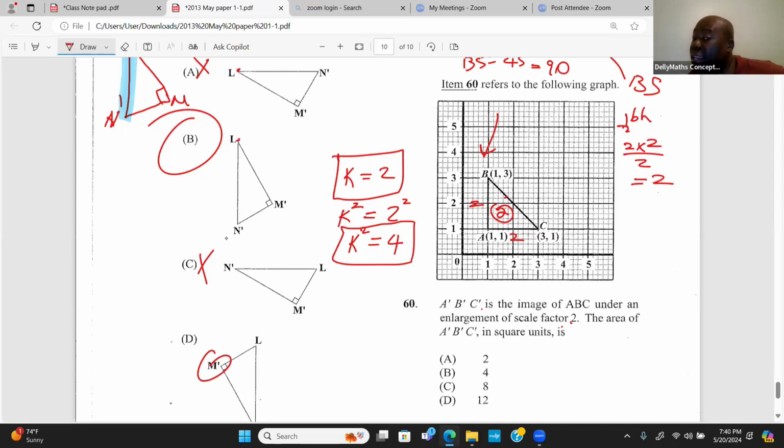And if I want to find the area of the blown up one after that, I multiply by 4, I get 8. So even though the scale factor is 2, we are not saying that the area will double. No, you have to find the square of the scale factor to relate area to area.